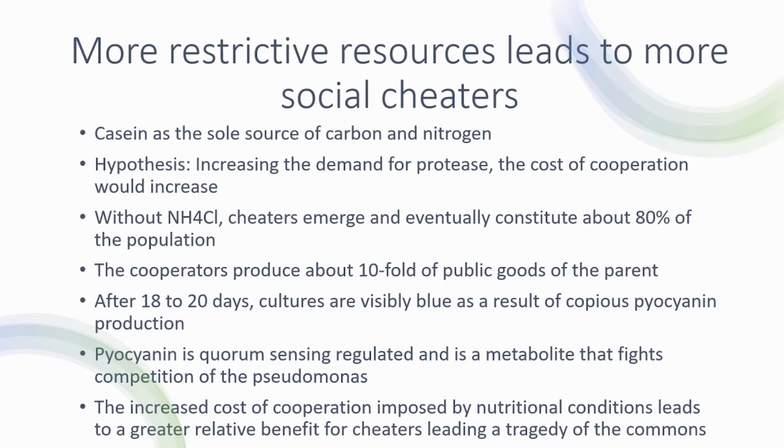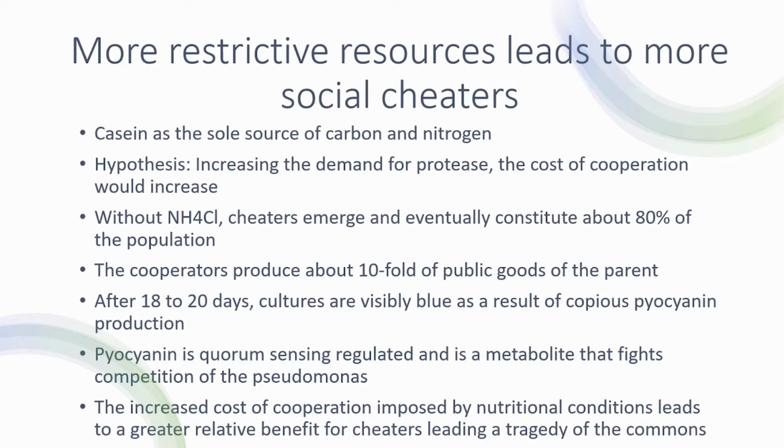So without nitrogen, which is the NH4Cl that P. aeruginosa uses, the cheaters emerged and actually constituted about 80% of the population. So it's a fairly large and really significant part.